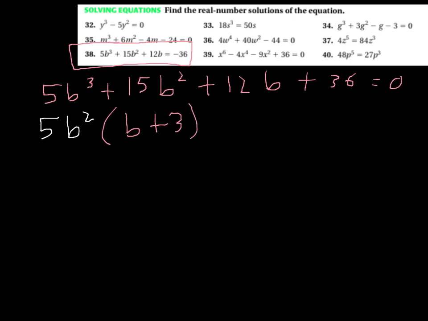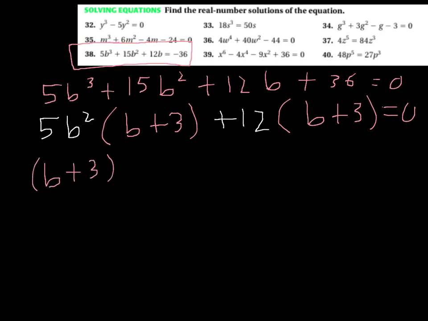Then I'm going to factor out a positive 12 out of the next set, leaving me again with a b plus 3 equals 0. When we factor the b plus 3 out to the front here, that's going to leave me with 5b squared plus 12, all of this equal to 0.